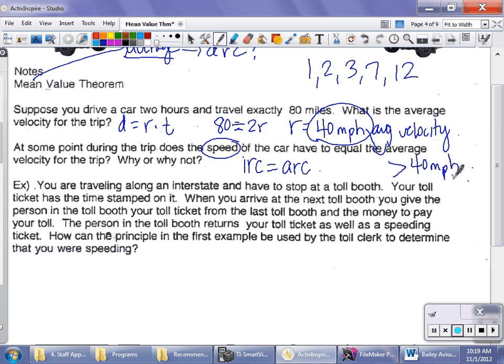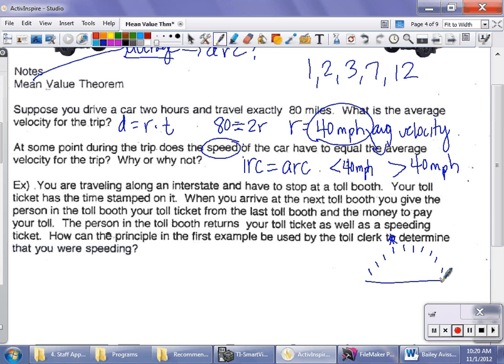And obviously, when we start the car and we start at 0 miles per hour and we're getting up to our traveling speed, then we were traveling less than 40 miles per hour. So here's the speedometer, 10, 20, 30, 40, we'll put a star right there, 50, 60, 70, 80.